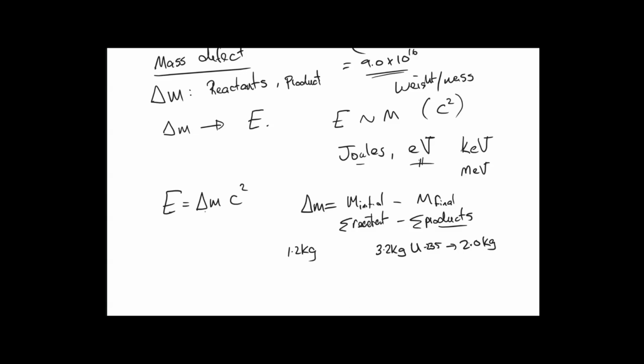The change in mass is going to be 1.2 kilograms. So the amount of energy released is going to be 1.2 kilograms times 9.0 times 10 to the power of 16. That is going to be a huge amount of energy.